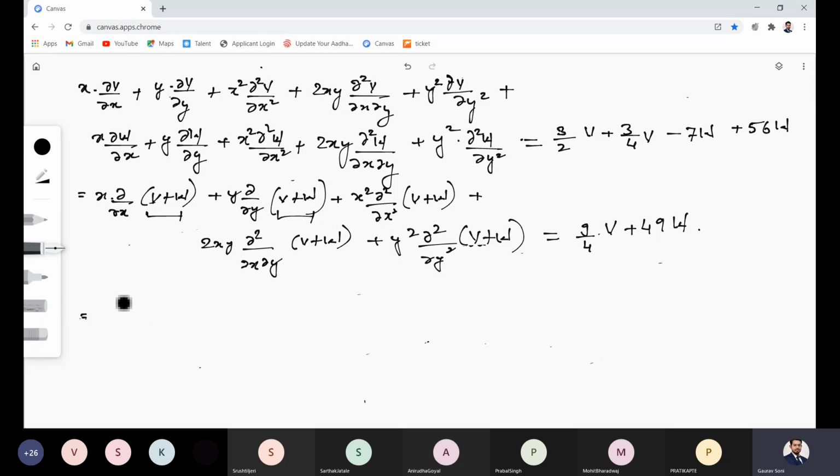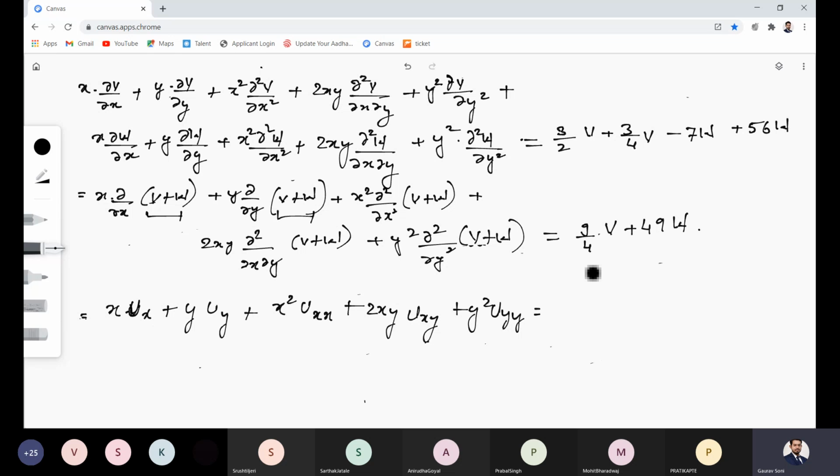So I'll just simplify this. x ux plus y uy plus x square uxx plus 2xy uxy plus y square uyy is equal to, the value of v at (1, 2) is 9 by 2 and w at (1, 2) is 5 by 2.